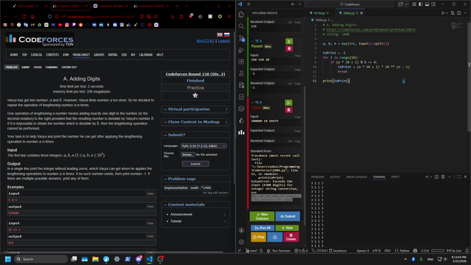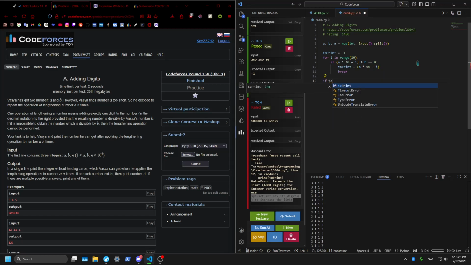Well, what we can do to not hit this is remove this, check if toPrint equals -1, print toPrint, else... I don't really understand.